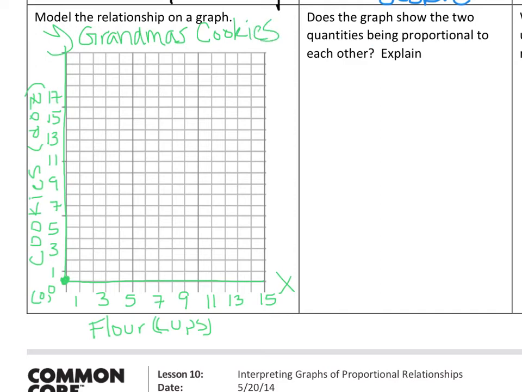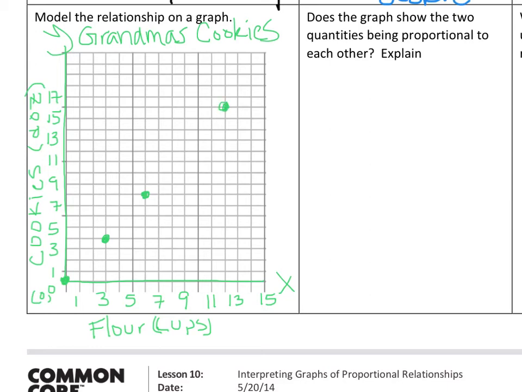Okay, now I'm ready to graph. Our first ordered pair was 3, 4. So over 3, up 4. 1, 2, 3, 4. I'm going to put a big old point there. The next one we wrote down was 6, 8. So over 6, up 7, 8. Another point there. And then the last one was 12, and then up 16.